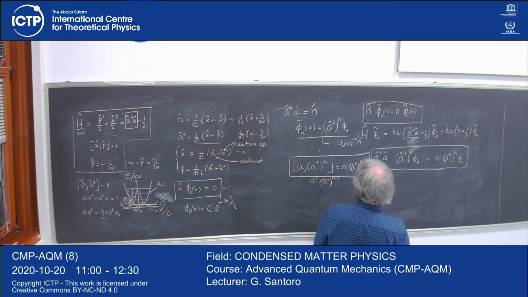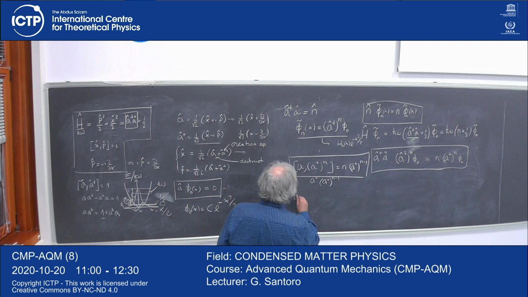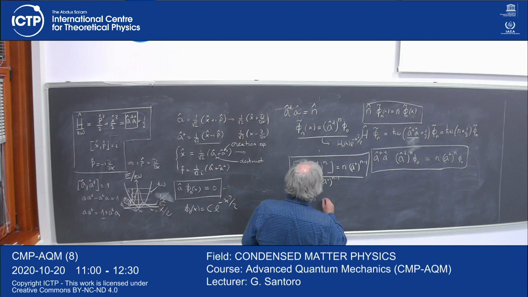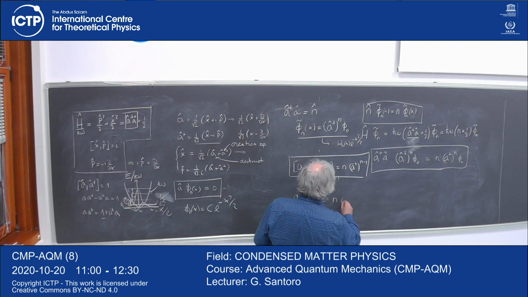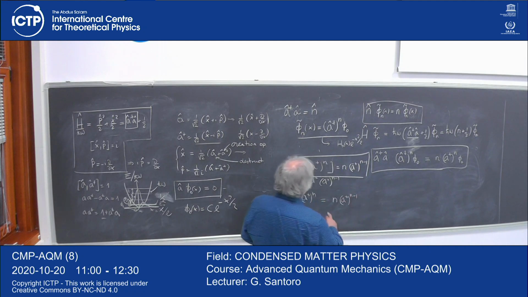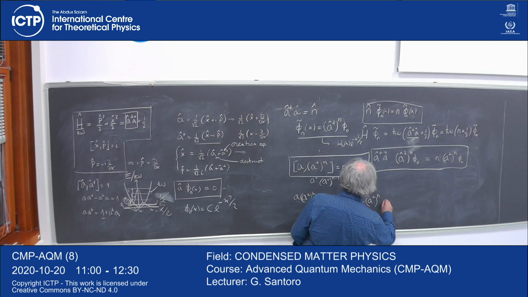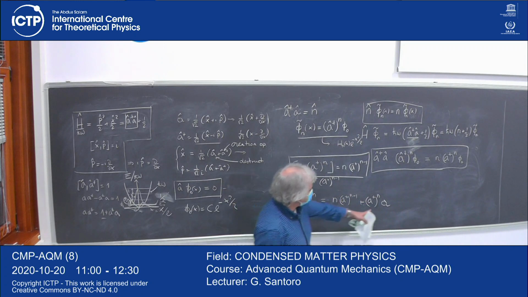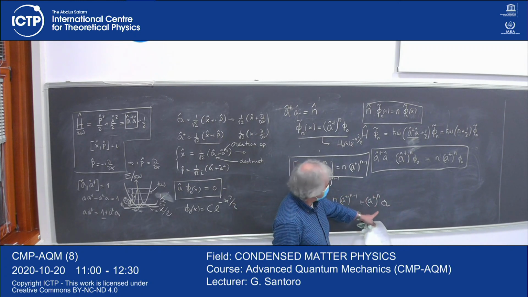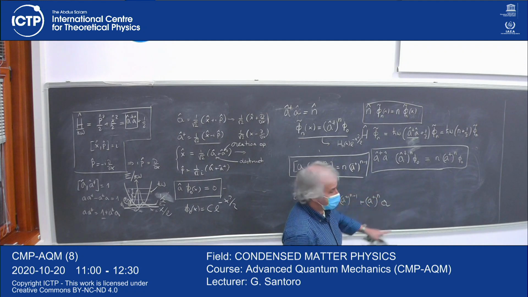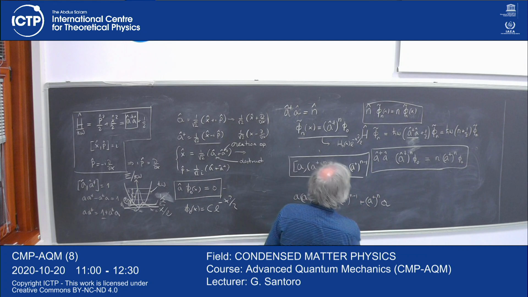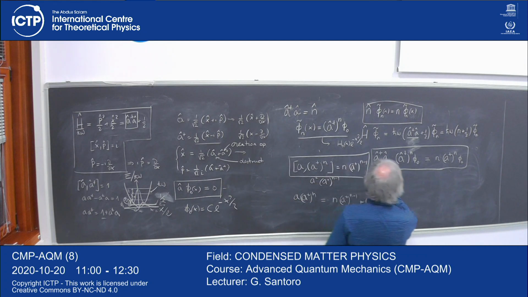Now, if it is true for any n, then I can use it, and every time I find this commutator, I can substitute it with n A dagger to the power n minus 1, plus the reverse thing, so A dagger to the power n times A. But this is a nice thing, because now I have gone through the bodyguards, and A applied to phi 0 gives me 0. So try to apply this kind of formula there.